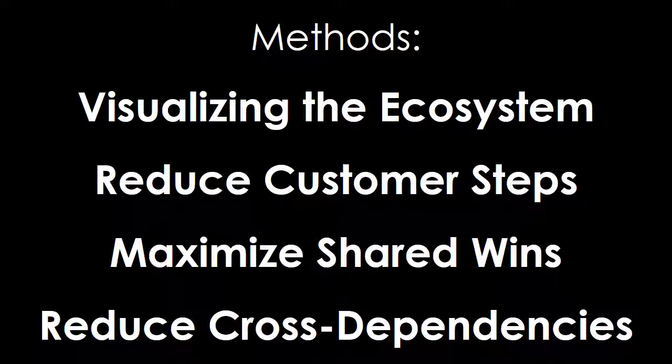The other one is reduce cross dependencies or handoffs between different systems, between different parts of the experience. Again, that benefits both sides. For the business, fewer dependencies means less integration and smaller cost. For the customer, fewer cross dependencies and handoffs means they can complete more within a single experience.